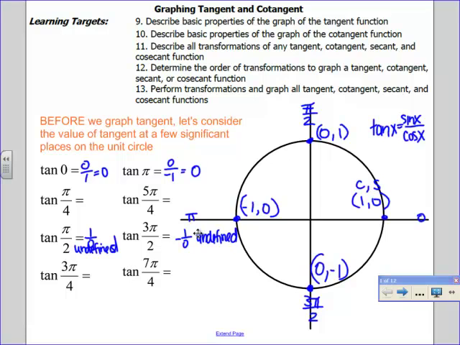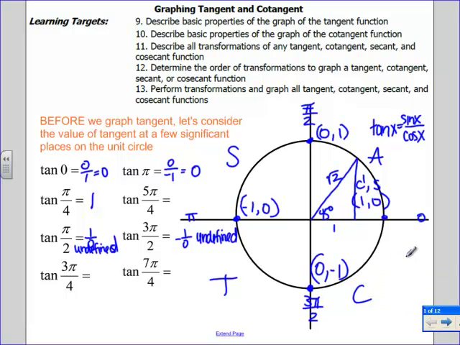Now the pi over 4 angles are significant to us in our unit circle for tangent because for tangent of pi over 4, in those 45-degree angles, you're going to have your sides 1, 1, and square root of 2. Opposite over adjacent, 1 over 1 is going to get you a 1. In the first quadrant, where tangent is positive, in the A quadrant, second, third, and fourth, those values are all going to be 1.